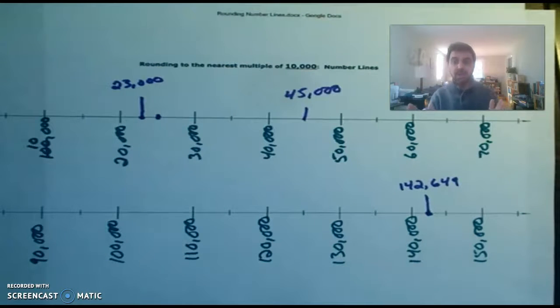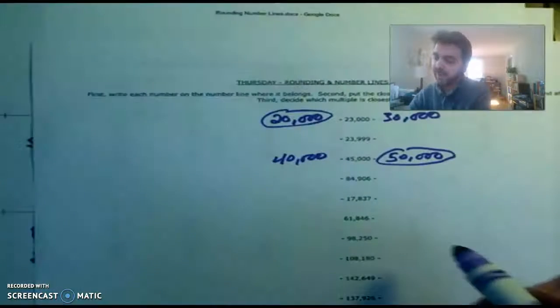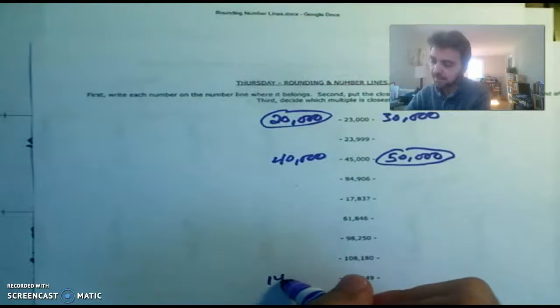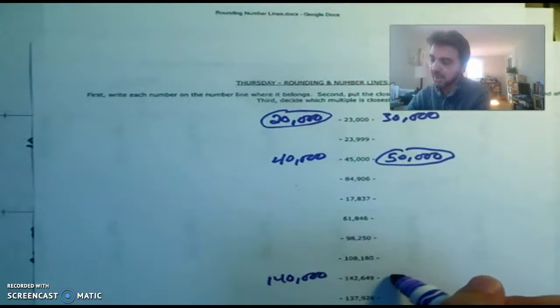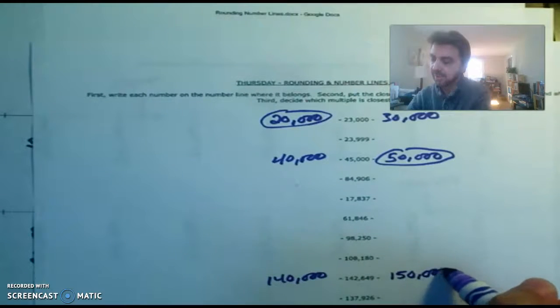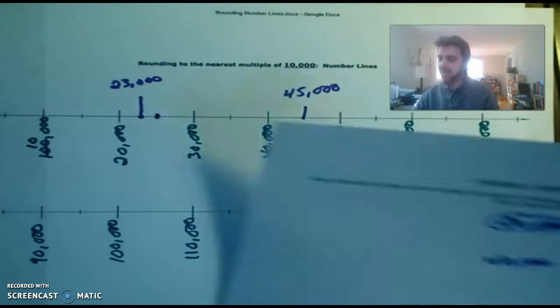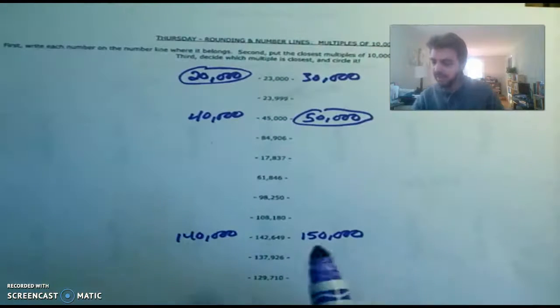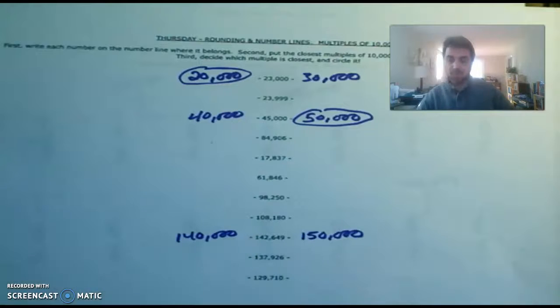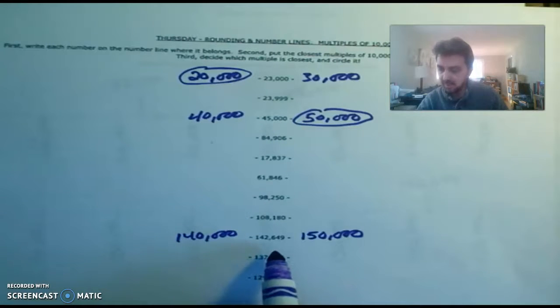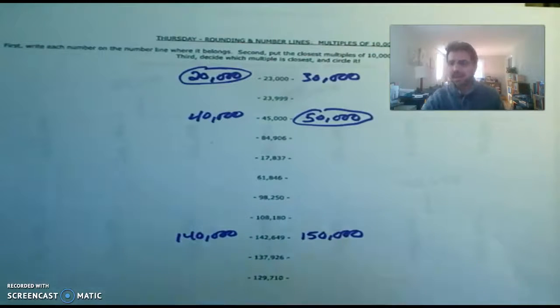Okay, so it's between which two multiples of 10,000? It's between 140,000 and 150,000. So which one is it closest to? Now if I look here and I say, oh, there's a 9. That means that we must round up, right? And there's a 6. Yeah, we must round up. Oh, but there's a 4. Maybe we should round down. But none of that really matters, does it?